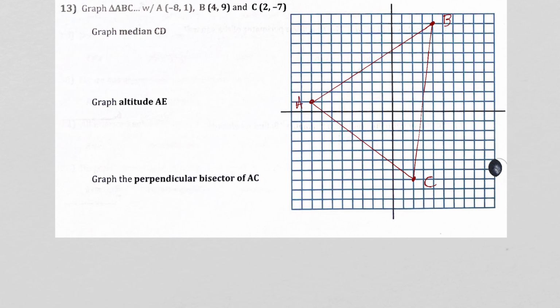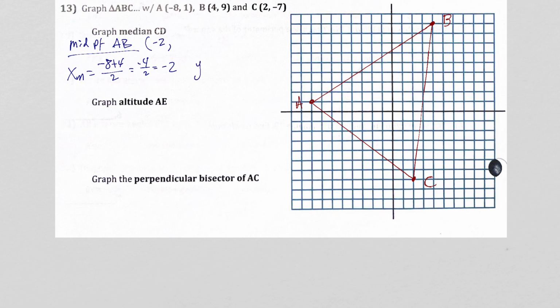Now the median CD, we're going to come off of here and we're going to go to some point like that, but I need to know for sure that that's the midpoint. So I'm going to do this mathematically. So I'm going to find the midpoint of AB. The x value of the midpoint is the sum of the x's, negative 8 plus 4, divided by 2, which is negative 2.